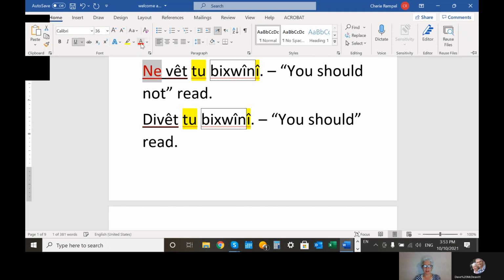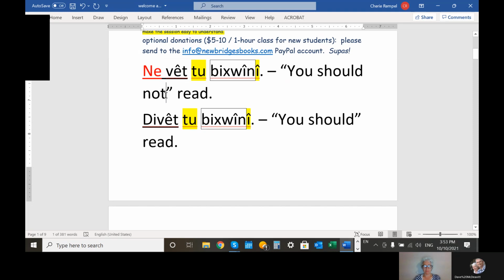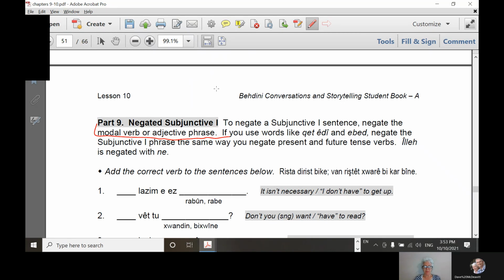You negate the modal adjective or modal verb. You don't negate the subjunctive part. Very rarely you would do that.